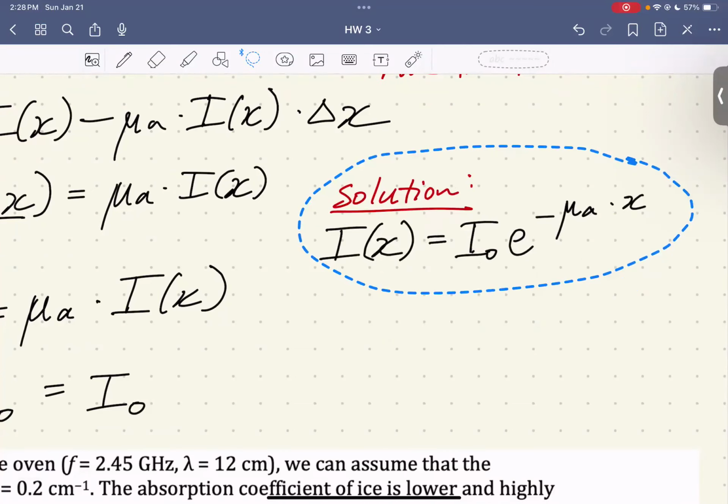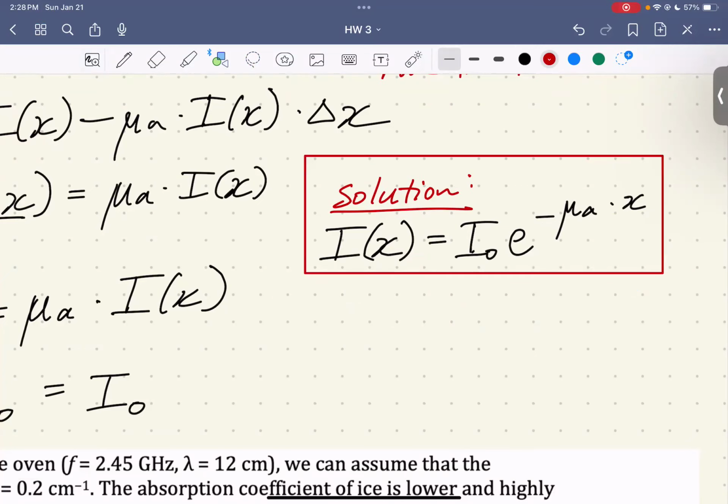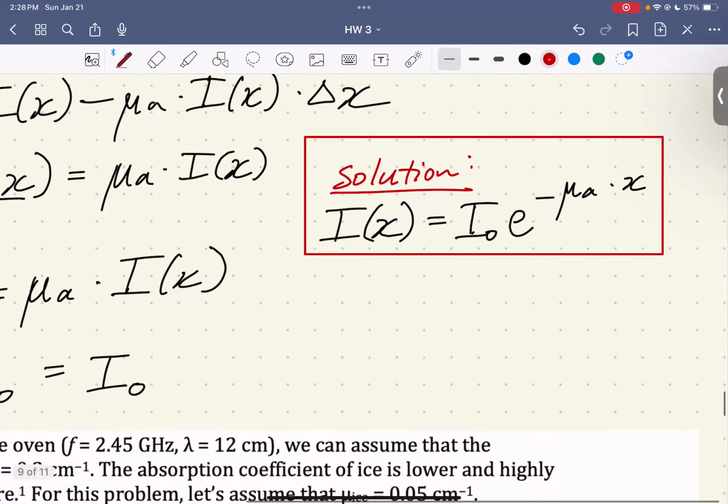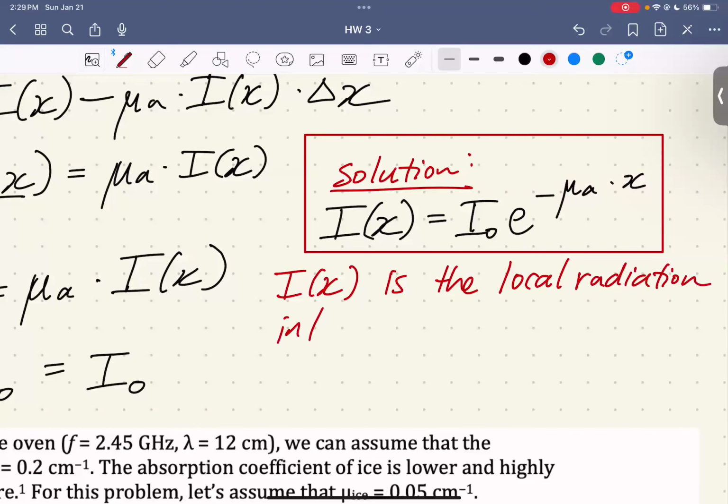And this actually gives us the actual intensity at that position. So let me write that out too, because it's really important that you all understand what this means. It means that I of x is the local radiation intensity at a given value of x. And not only that, I'm going to also write this.